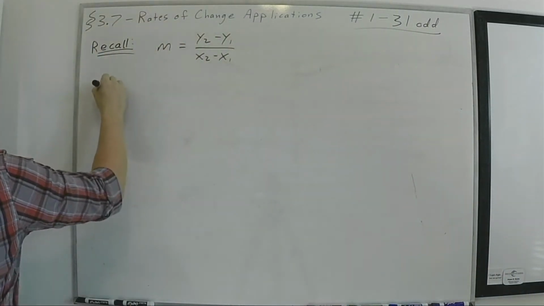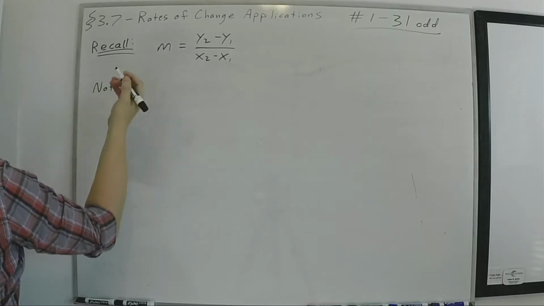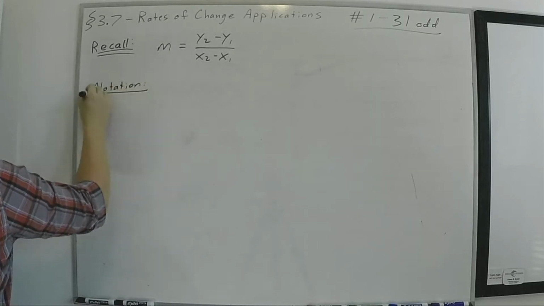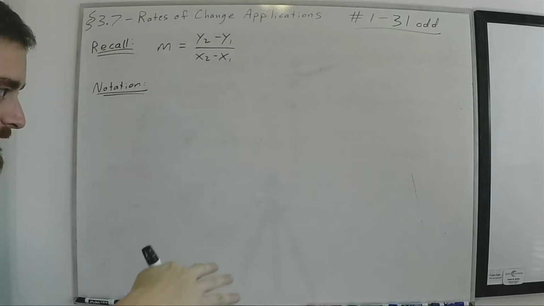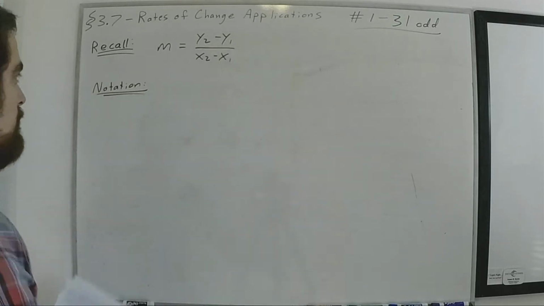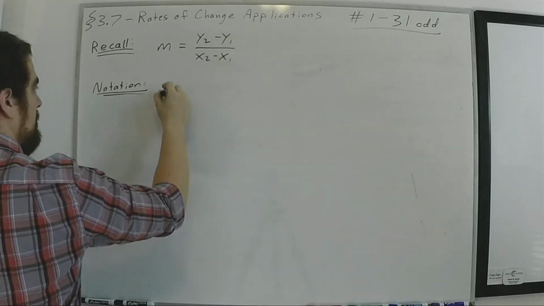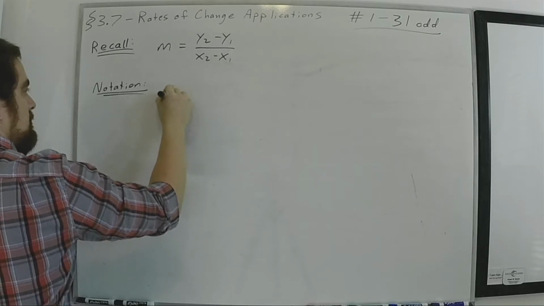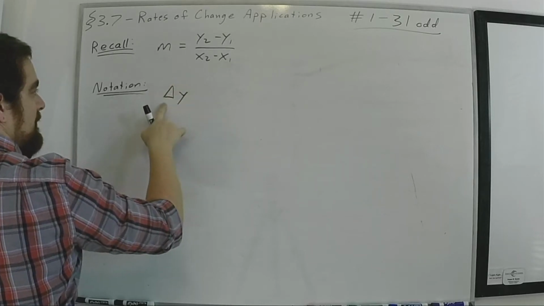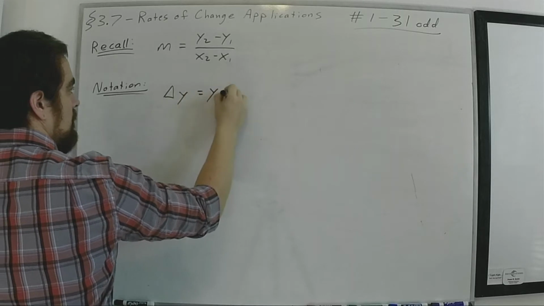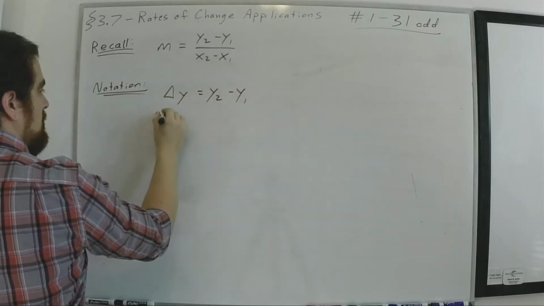So to move away from strictly linear equations and talk about an average rate of change for who knows what type of function we're looking at, they use the Greek symbol delta y to mean the change in y.